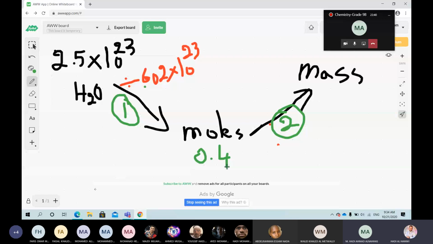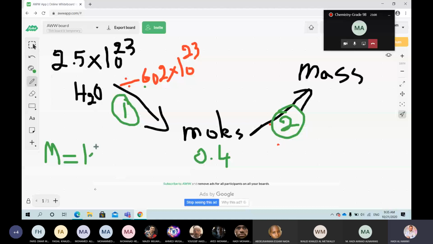What should I find? The mass. How can I find the mass from moles? What is the rule? I multiply by the molar mass. Great. What is the molar mass of water? Hydrogen is 1 and oxygen is 16, so the answer is 18. Exactly.